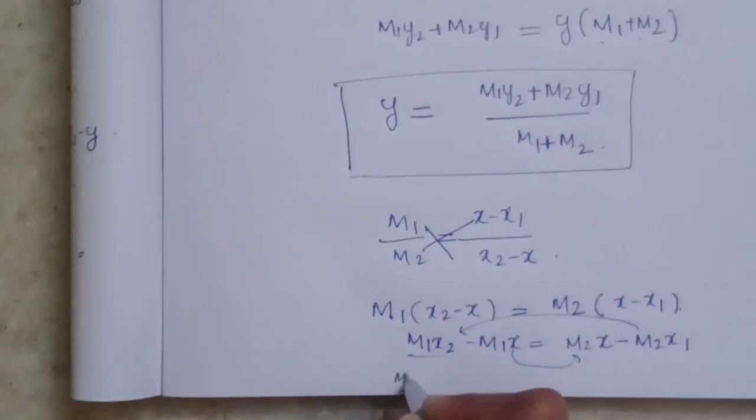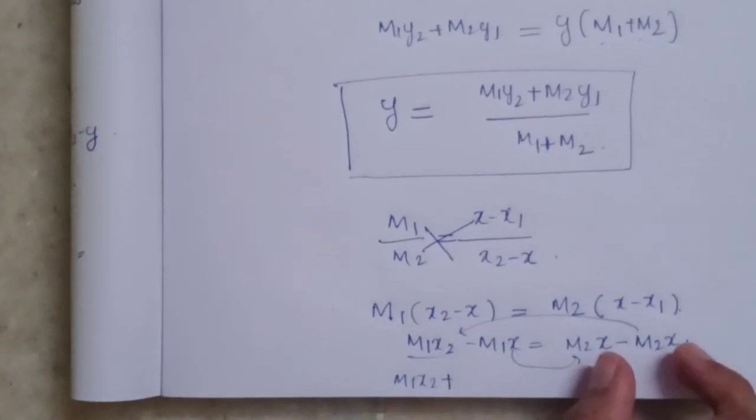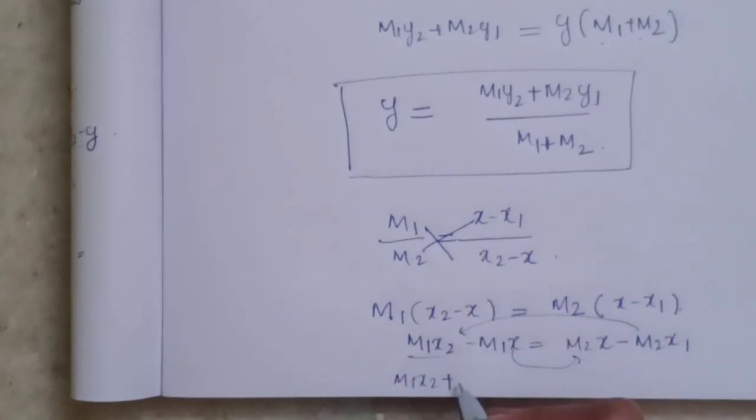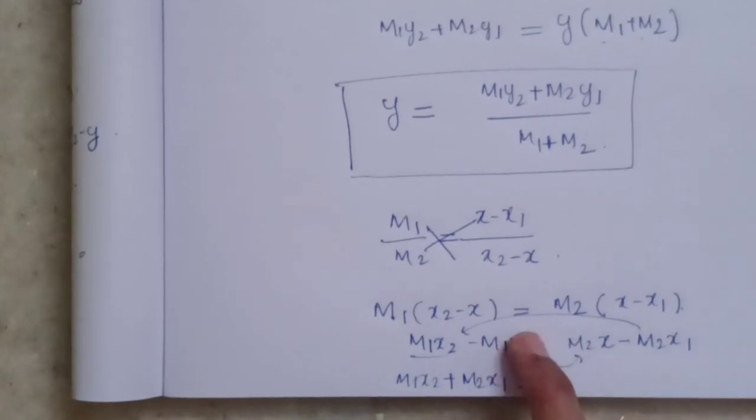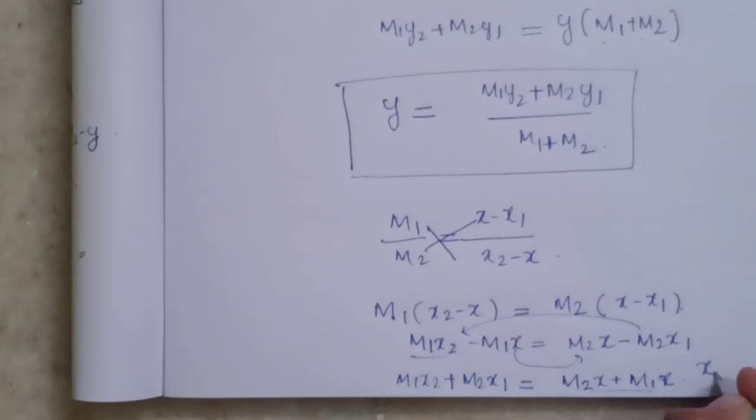Now it becomes m1 x2 plus, this term we have sent that side, so it becomes positive, m2 x1 is equal to, we have sent this term to the other side, so it becomes plus m2 x plus m1 x. Now take out x as common, so if you take x common it becomes m1 plus m2.